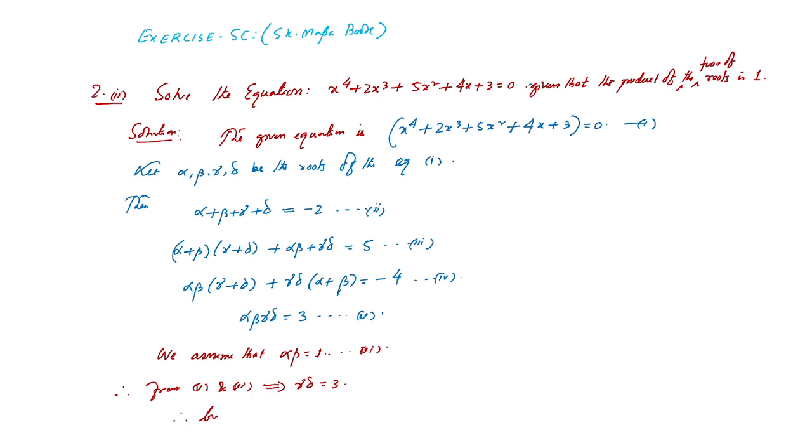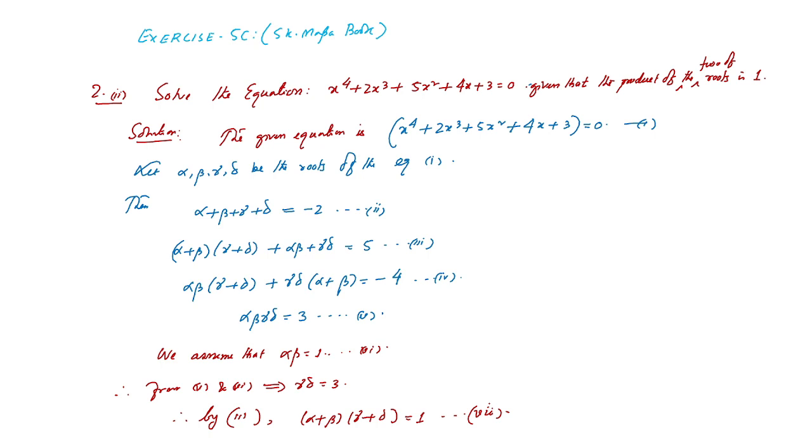And therefore by equation 3, we have alpha plus beta into gamma plus delta. Alpha beta is 1, this is 3, so that will be 1. So this is equation number 7.